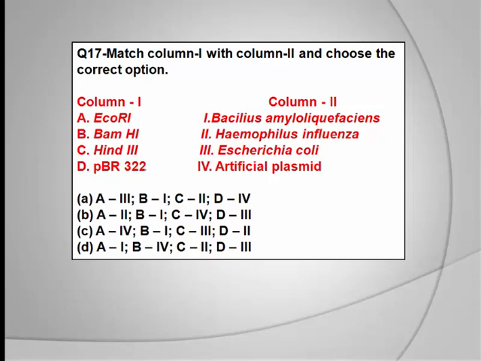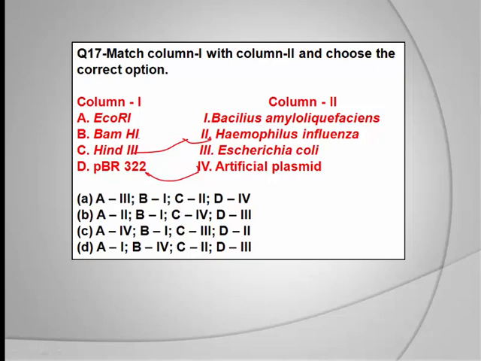Here pBR322 is an artificial plasmid. HindIII, its source is Haemophilus influenzae.